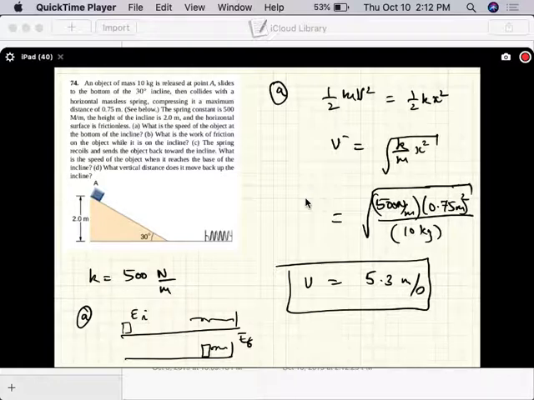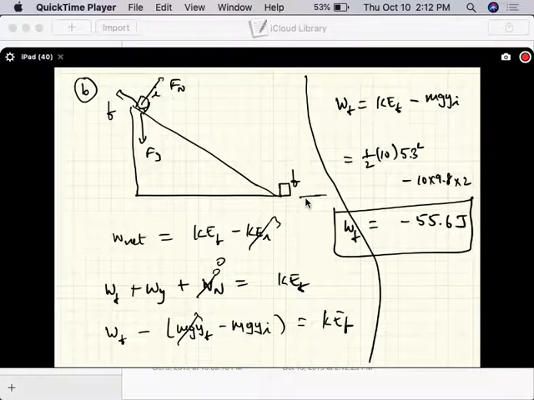Then the spring recoils and sends the object back towards the incline. What is the speed of the object when it reaches the base of the incline? Very good. Everybody understand that? Because that surface is a frictionless surface, I won't even bother solving it. If you guys have any question, go to him.